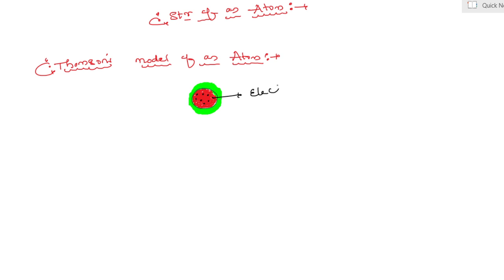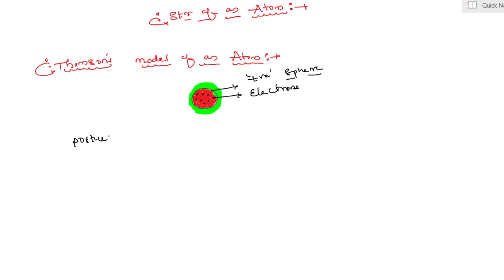Electrons. Black seeds are electrons and the red edible part is a positive sphere. Yes, my dear students, it means here which postulates are given by Thomson's model of an atom.